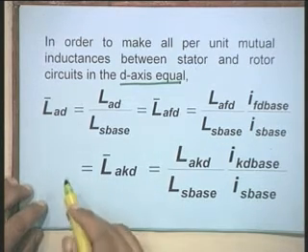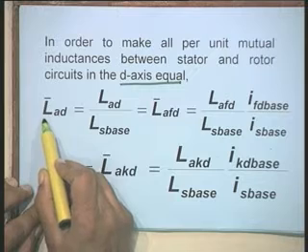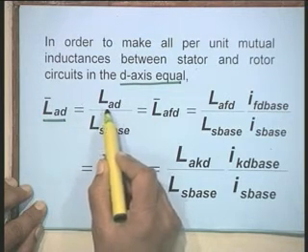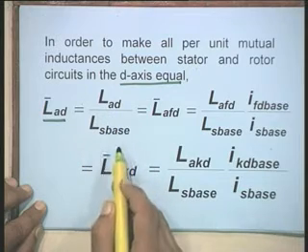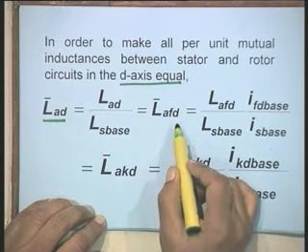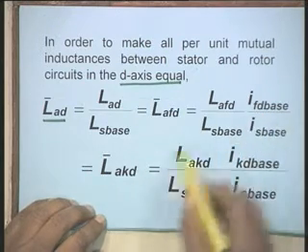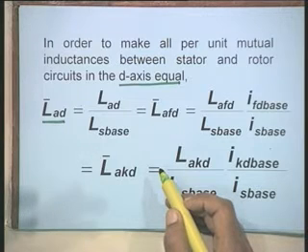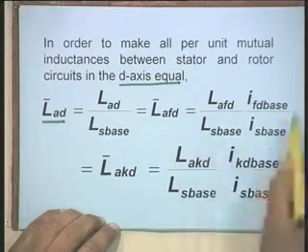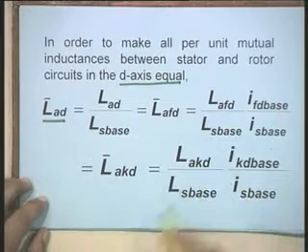By definition, this is the actual value of mutual inductance LAD divided by the LS base, and this is equal to LAFD, which was earlier defined by this expression when we wrote the expressions for psi D, psi Q and psi naught. The per unit value of LAFD was defined by this expression, that you can refer to in the previous equations.